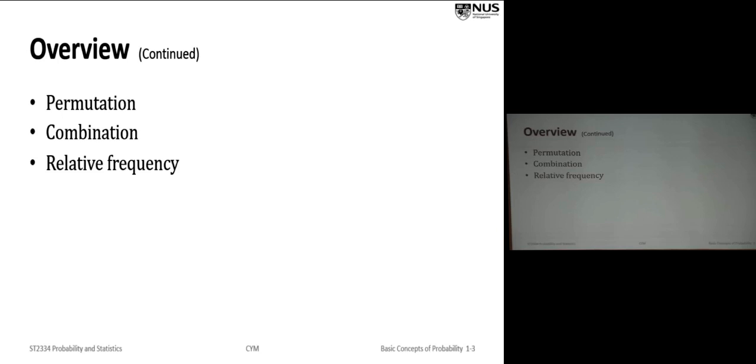For example, if I want to know the probability that an accident occurs at the pedestrian crossing next to the S17 bus stop. You take the bus here, right? So what's the chance of having an accident there? How do I define the number of possible outcomes?